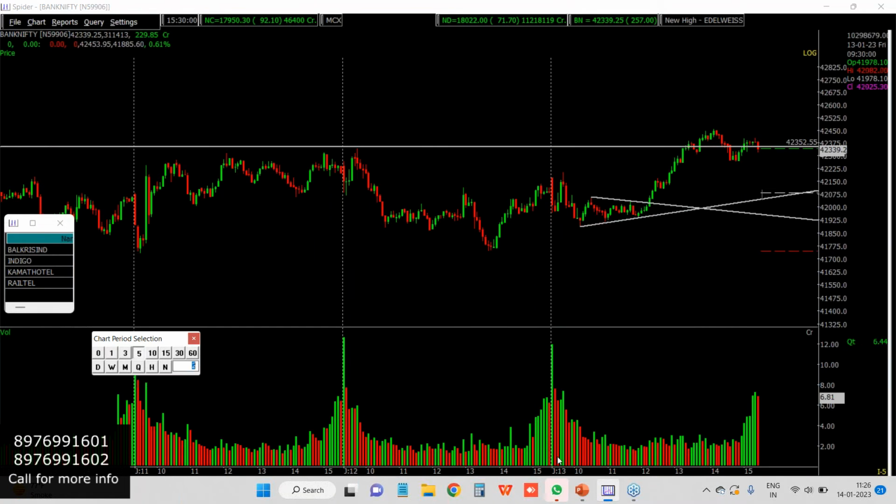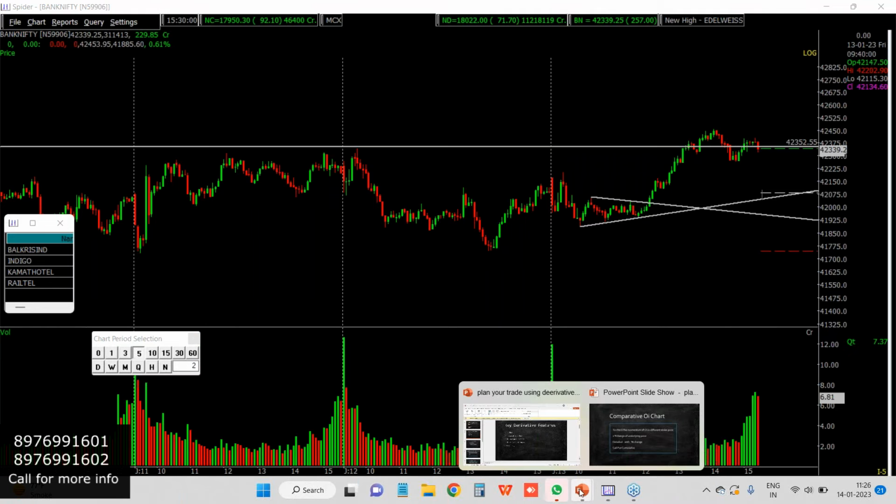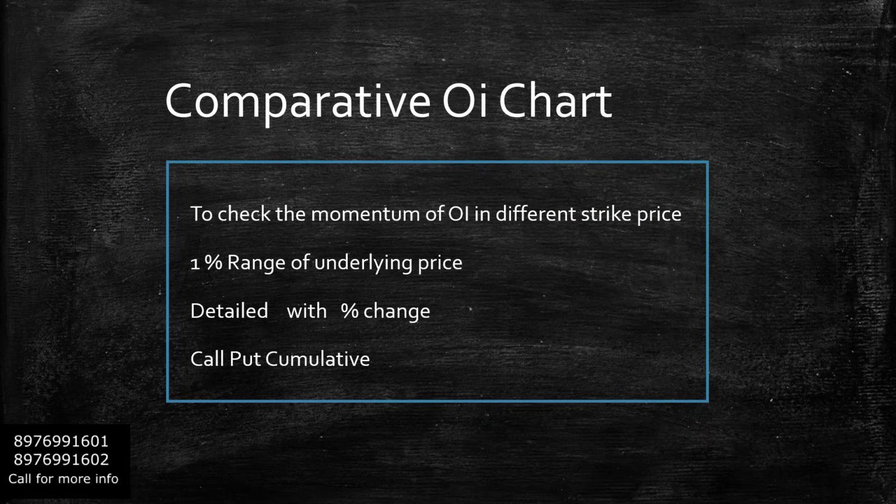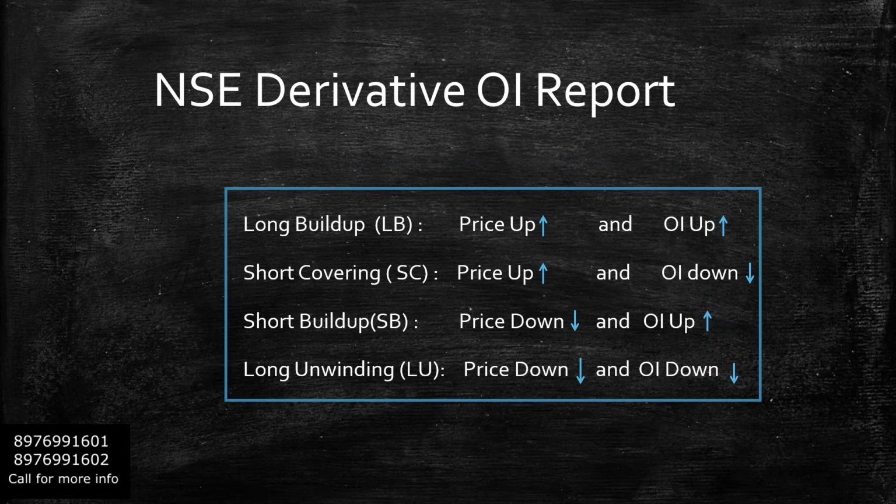Next up, let's go back to the presentation. The next feature that we are going to cover today is the NSE Derivative Open Interest Report. Regarding this, again, I have a poll created for you guys, so I'll activate the poll.